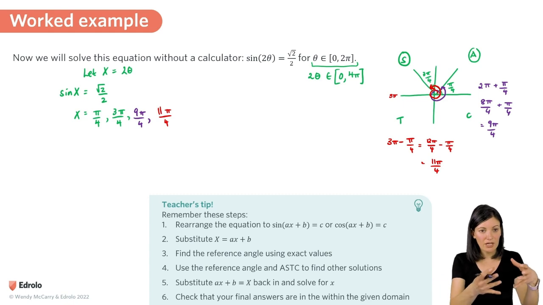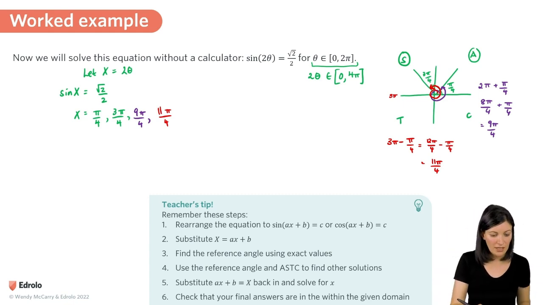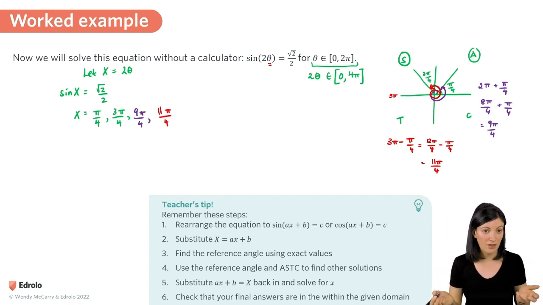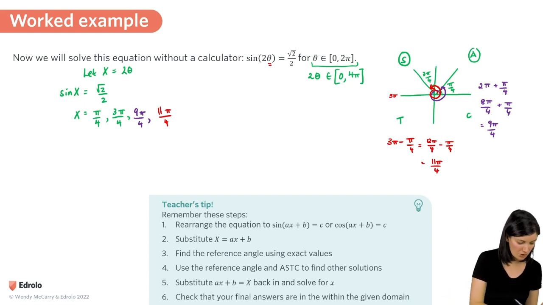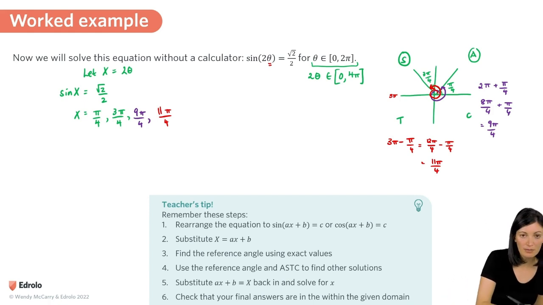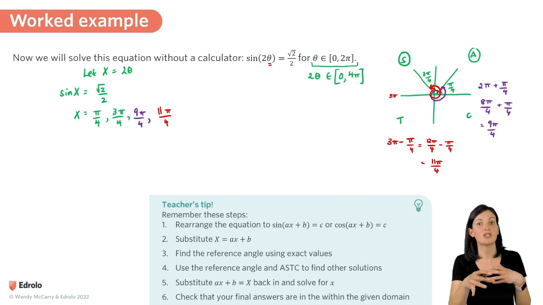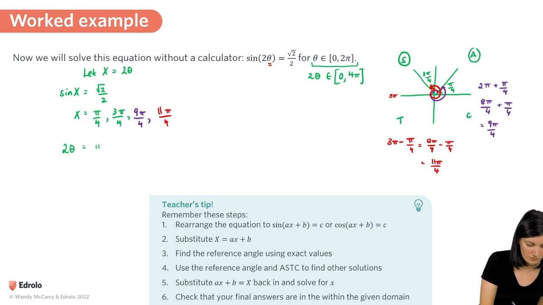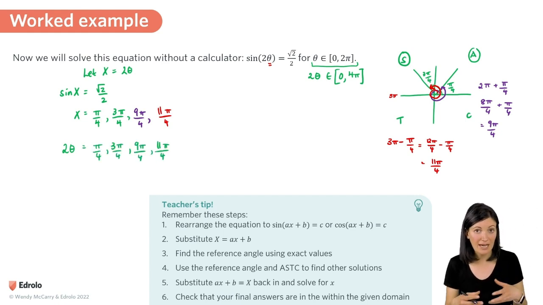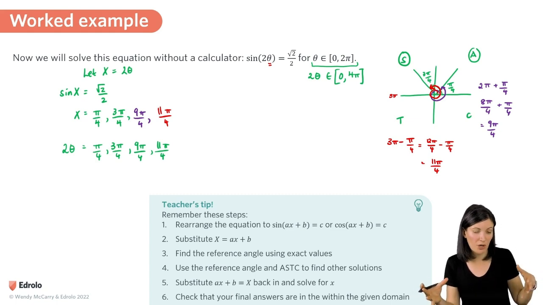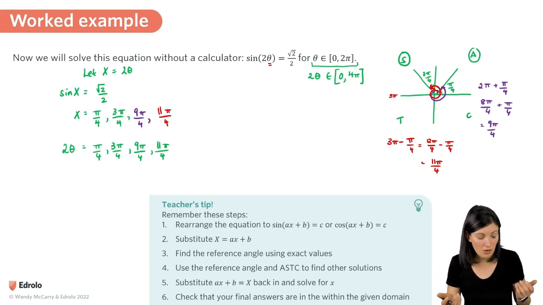But we've actually solved for big X. What we need to solve for is theta. So here's what we do. We now need to go through and replace 2 theta where we had that big X. So what I'm saying is 2 theta is equal to those 4 solutions, but I want to solve just for theta.